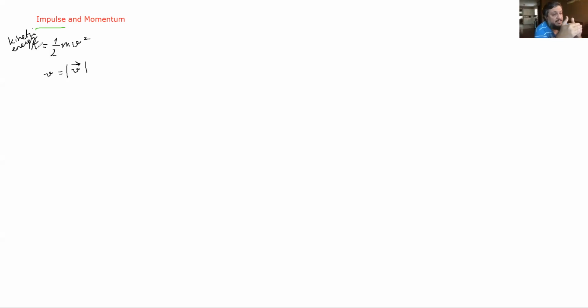Two cars colliding, or on a pool table, billiard balls going under collisions. If you want to analyze what happens during those collisions, you'll need a quantity which also carries the information about the direction of motion. When 2 balls collide like this, maybe they will go back that way.